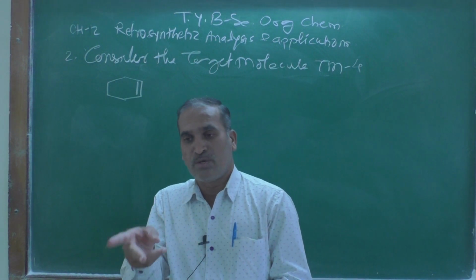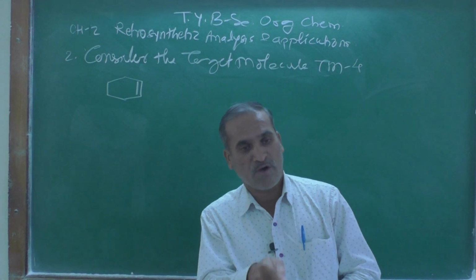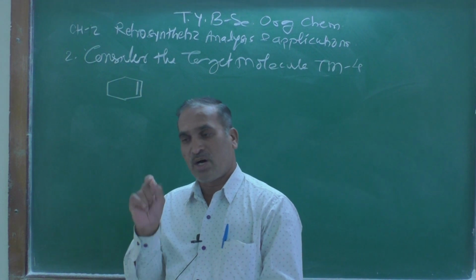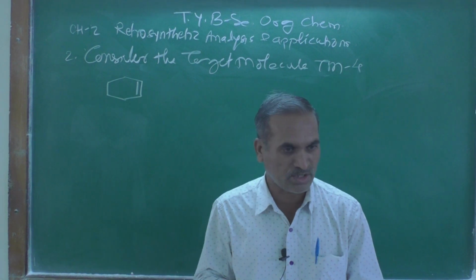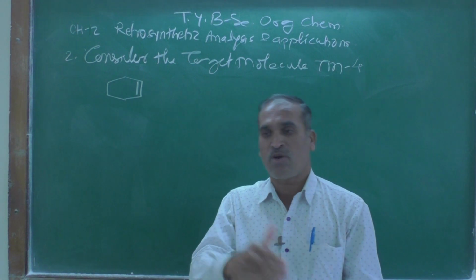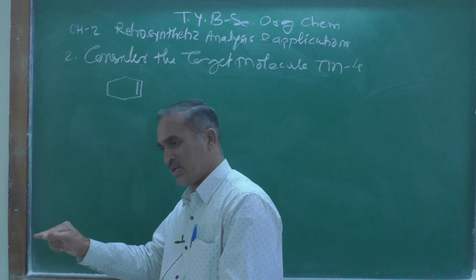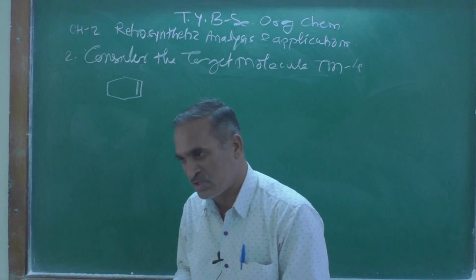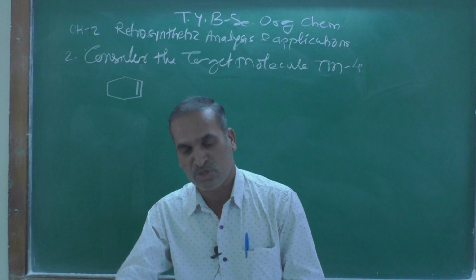Another important term involved in the definition of retrosynthetic analysis is FGI, the full form of which is functional group interconversion. The definition of functional group interconversion is like this: one functional group is converted into another functional group so that disconnection becomes possible.